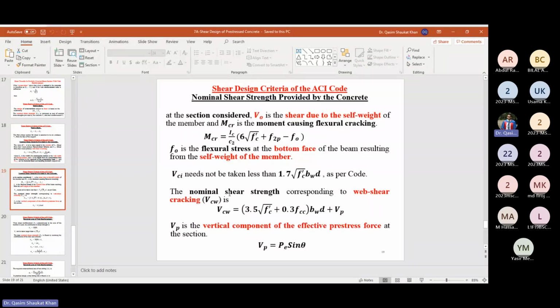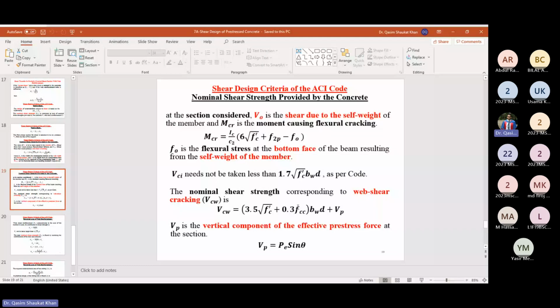The nominal shear strength corresponding to the web shear cracking, VCW, is 3.5 under root FC prime plus 0.3 times FCC into BWD plus VP.